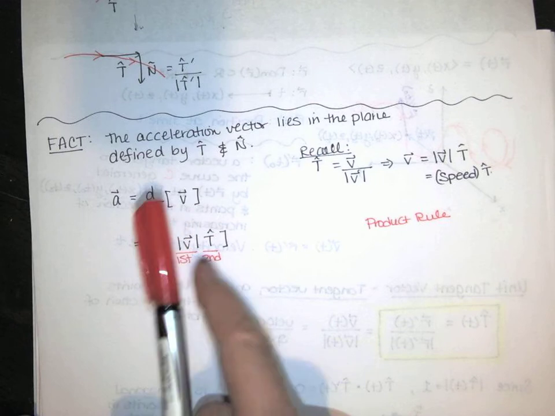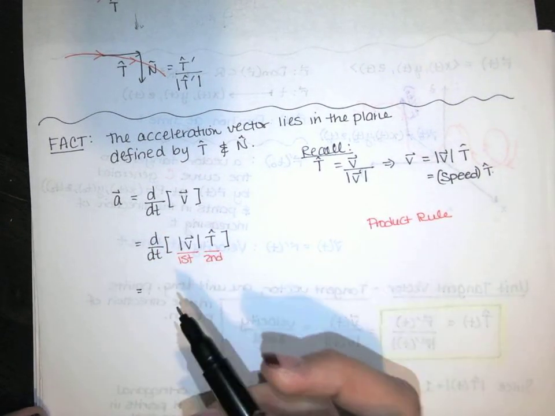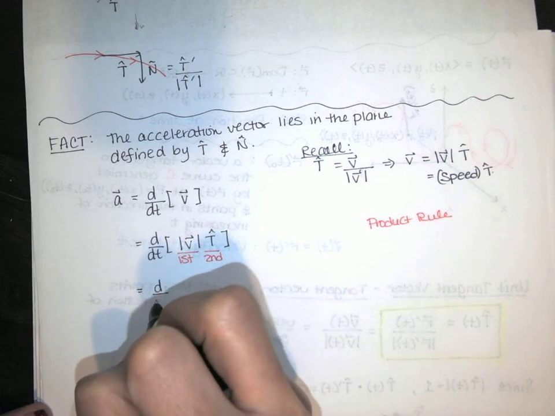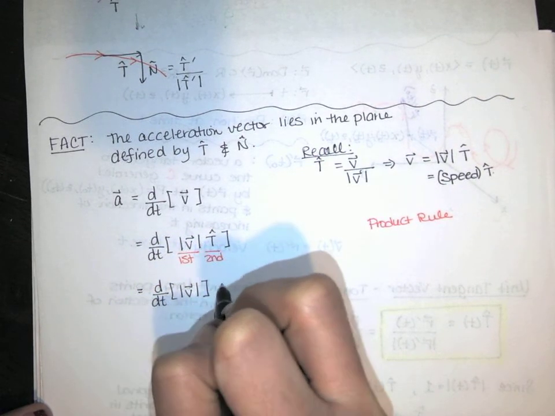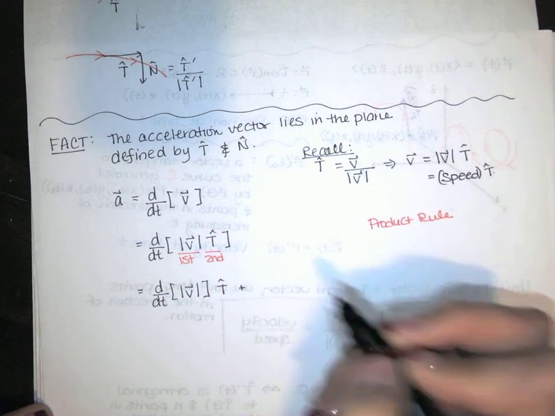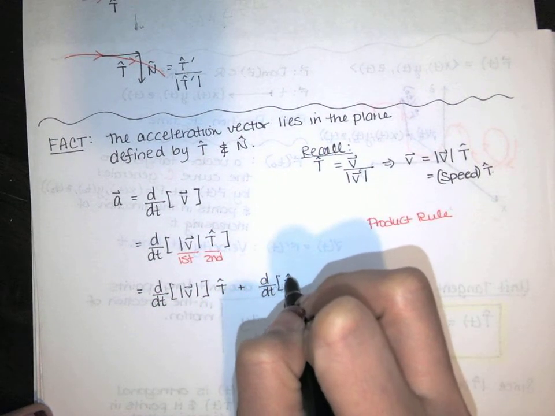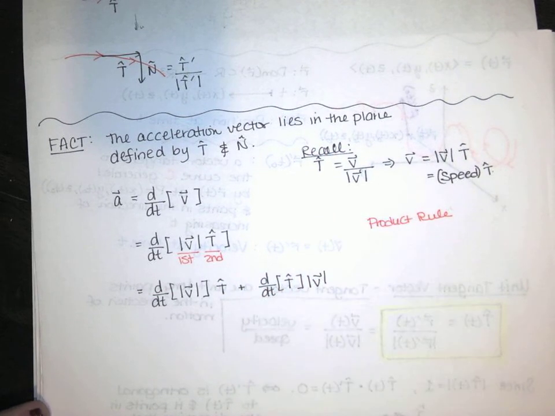If this is my first function and that's my second function, according to this product rule for scalar functions times vector functions, we get the derivative of the first times the second plus the derivative of the second times the first.